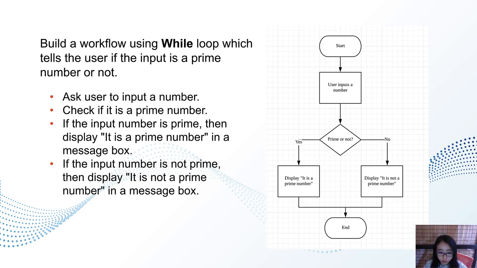If we want to represent this process on a flowchart, it looks like this. So we start, and then with the activity, the user inputs a number, and this is our decision point, whether it's a prime number or not. If it's yes, then we display the message that it is a prime number. If it's not a prime number, we display another message. And then we reach the end of the process.